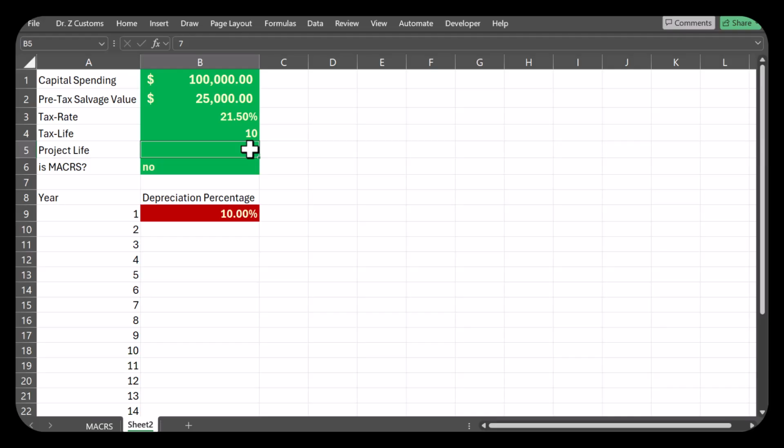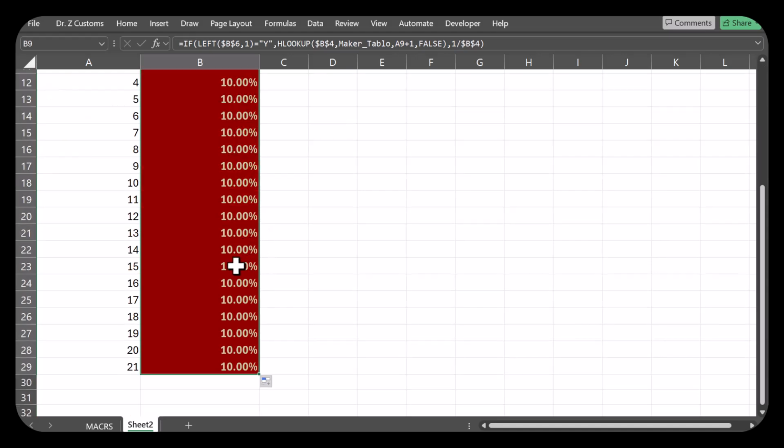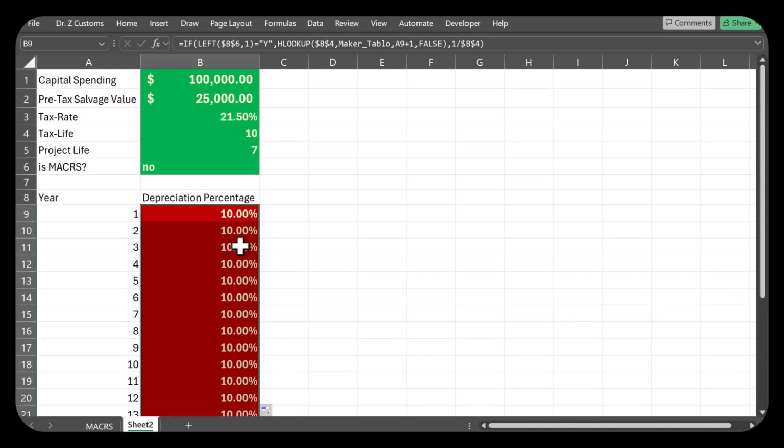Yeah, I missed some. Oh, I didn't make this thing absolute reference. I forgot one thing. If it's straight line, I need to make sure that we get 0 depreciation after.